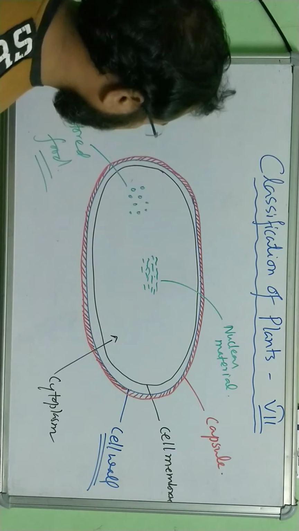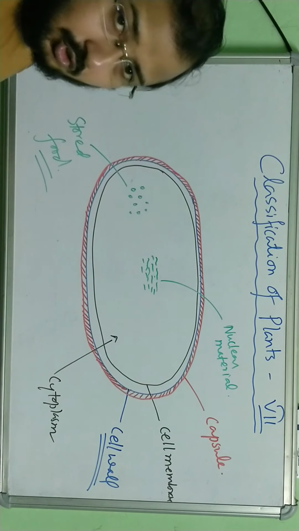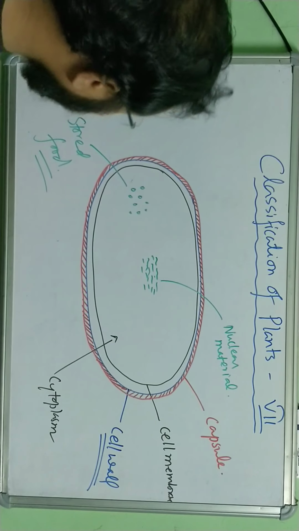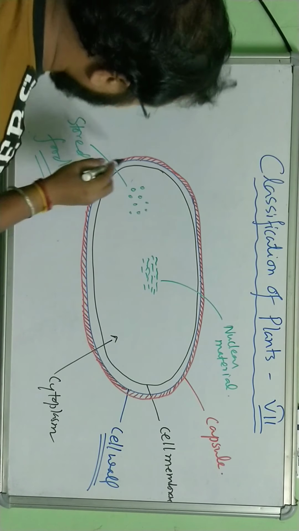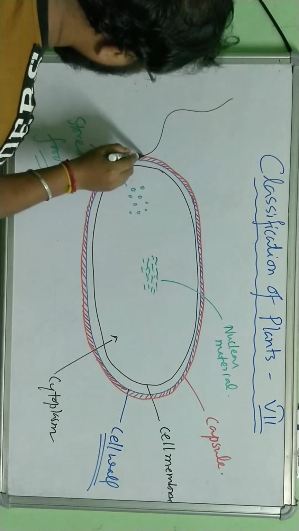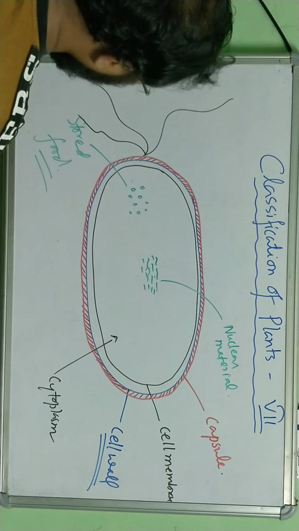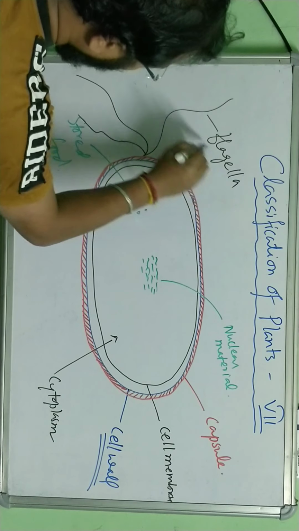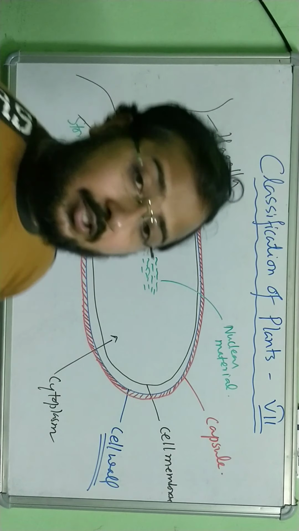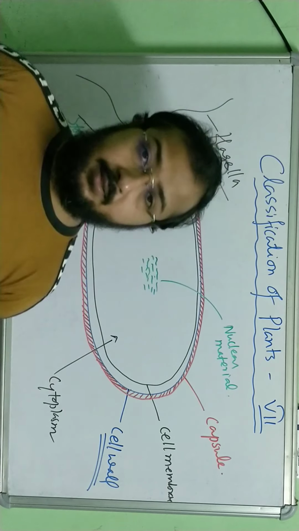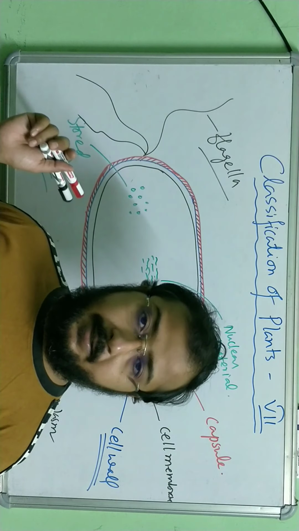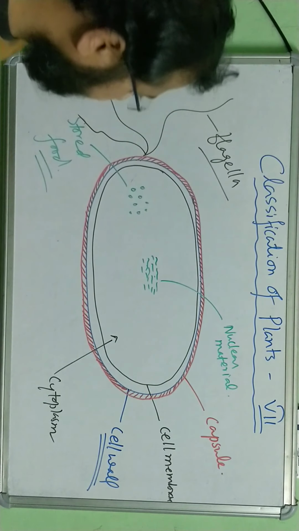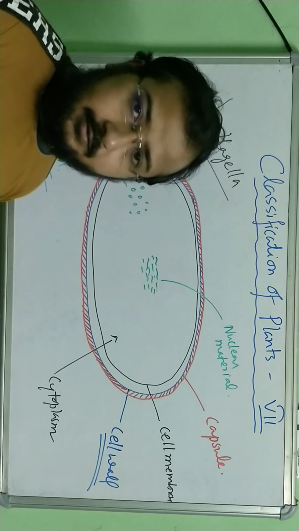And one important part you can draw along with this: these are flagella. These are structures that help in the movement of this bacteria. So this is a simple diagram with simple labeling for you.